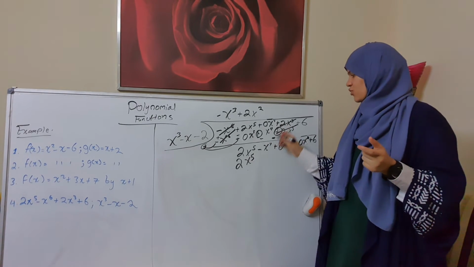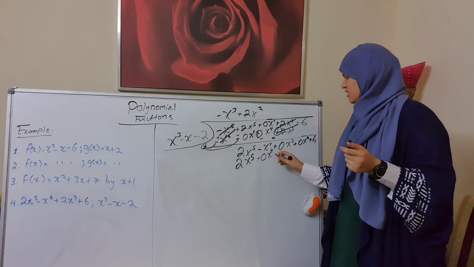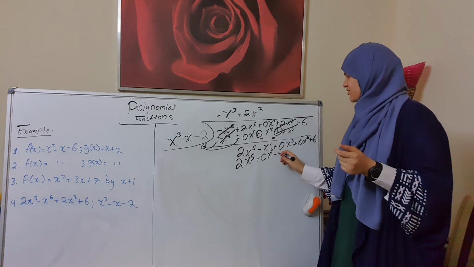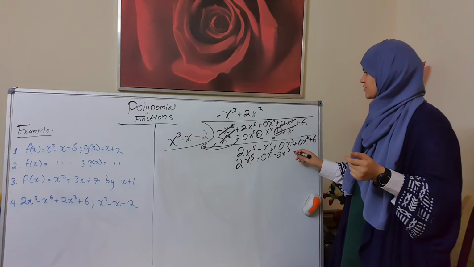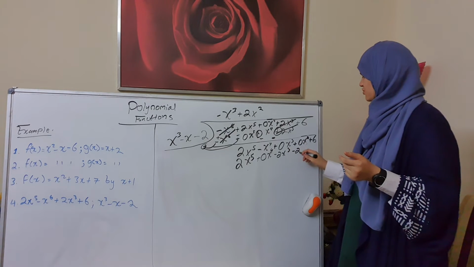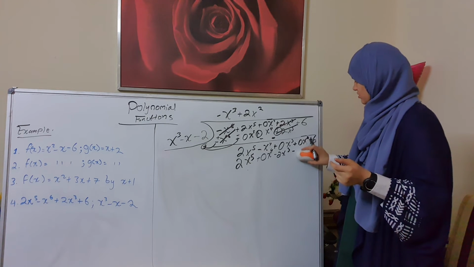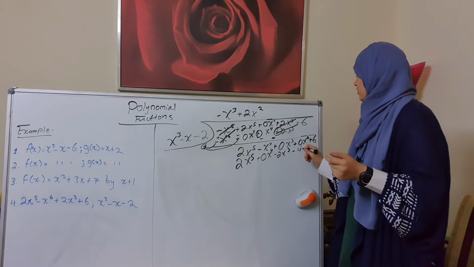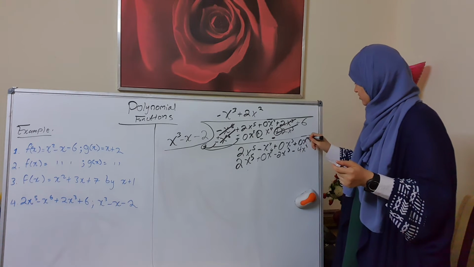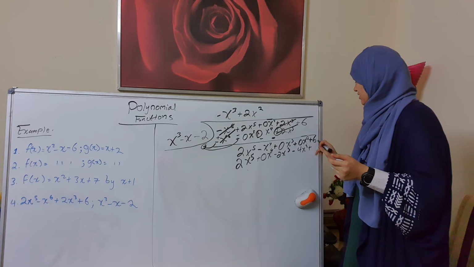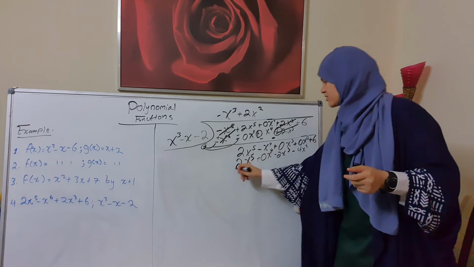So that means we'll write here 0x to the power of 4. Then here it will be negative 2x to the power of 3, then negative 2 times negative 2x squared, here it will be 4x squared, and we didn't get any constant, so it will be as it is.